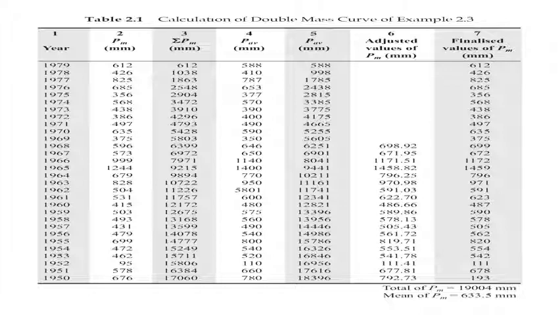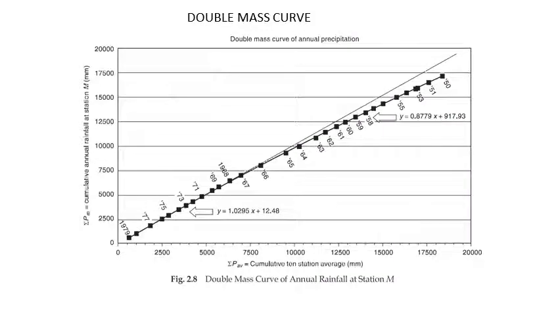Once you have the accumulated rainfall of station M as well as these 10 neighboring stations, we will plot these two columns, that is column number 3 and number 5, as shown in the next slide. Once you plot column number 3 versus column number 5, you will see that there is a slight deviation of the rainfall data after the year 1968.